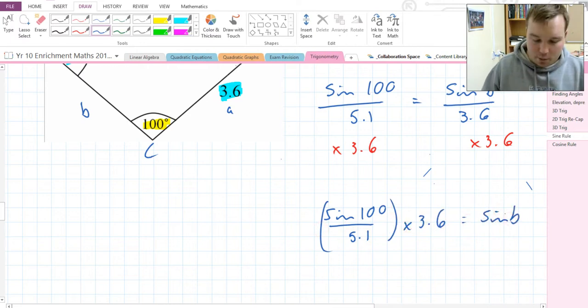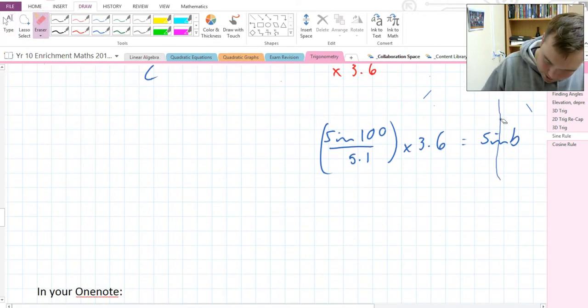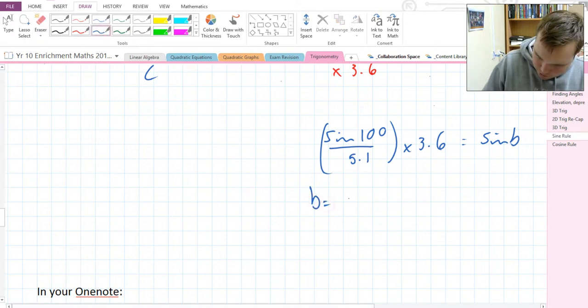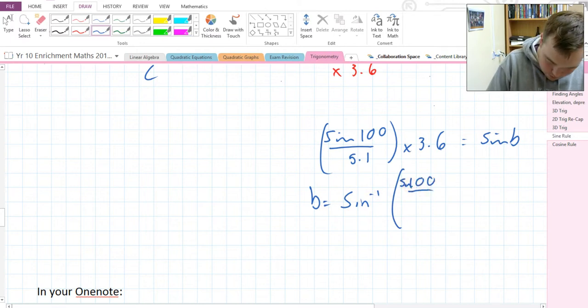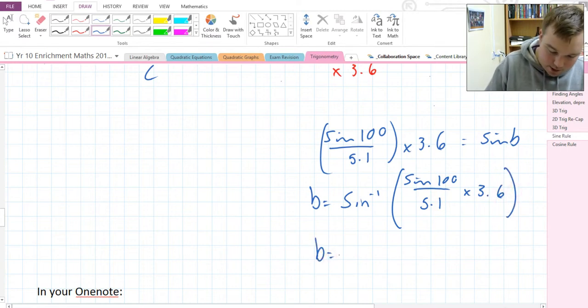We haven't yet got B by itself, so as you can probably guess from now, we can take the inverse sine of B, so B will be equal to inverse sine of sine 100 over 5.1 times 3.6. You can do this one in 2 steps on your calculator if you want.